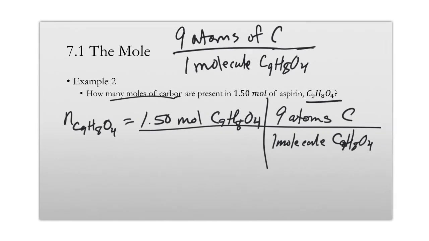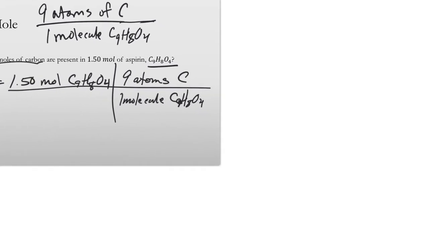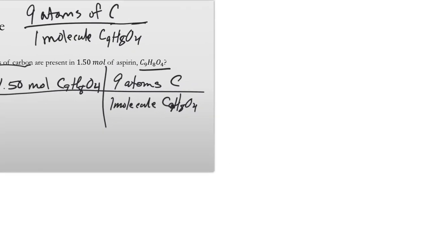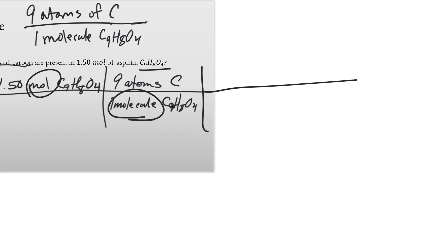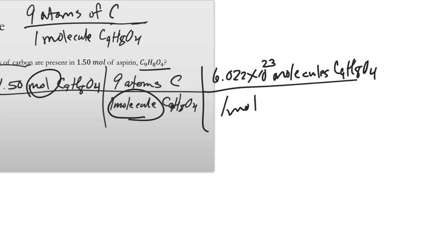Now, since I have it per molecule, it might look like it's going to need Avogadro's number, and I could do that, and I could say these don't cancel out, moles and molecules, but we're going to have 6.022 times 10 to the 23rd molecules of aspirin, C9H8O4, per each 1 mole of C9H8O4.